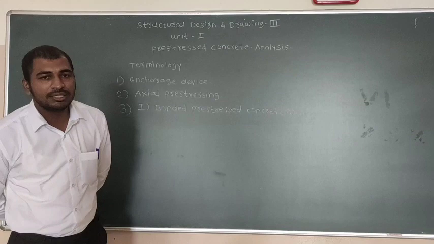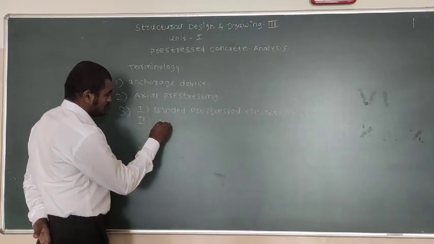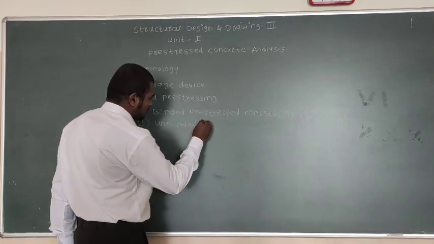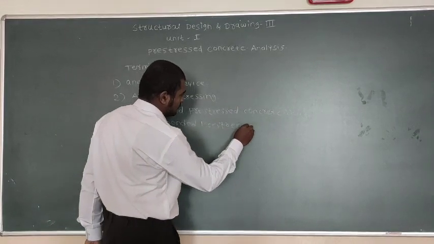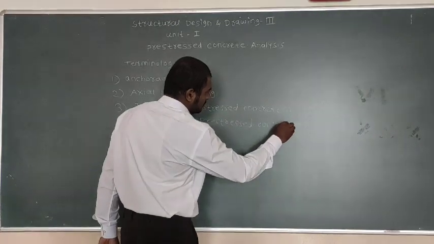Then the second is the unbonded prestressed concrete member.